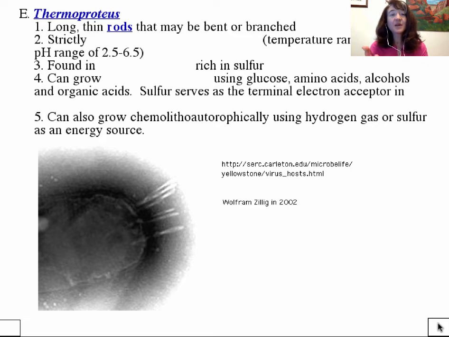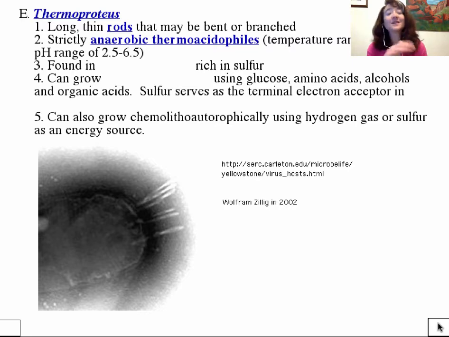It can sometimes be a little bit branched, but these are very different than Sulfolobus in that they do not live in aerobic conditions. They're strictly obligately anaerobic. So rather than using oxygen as a terminal electron acceptor, they're going to get along really well with Sulfolobus because they're going to use the sulfur or sulfuric acid.